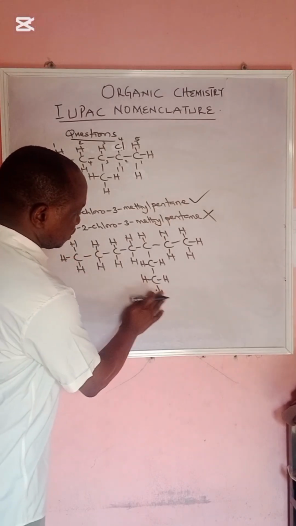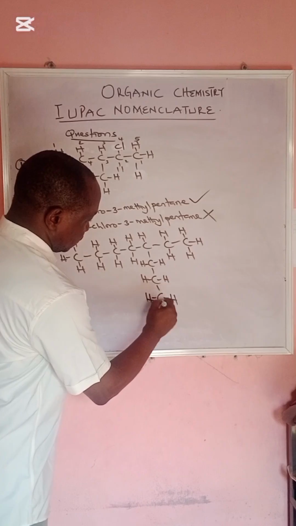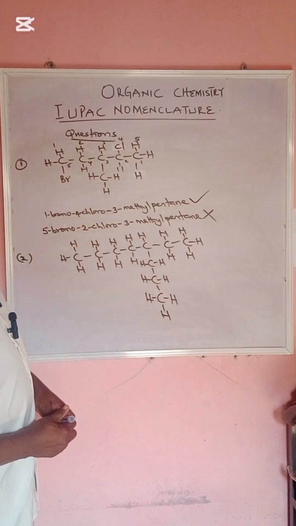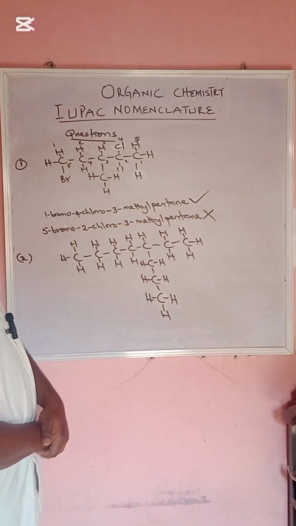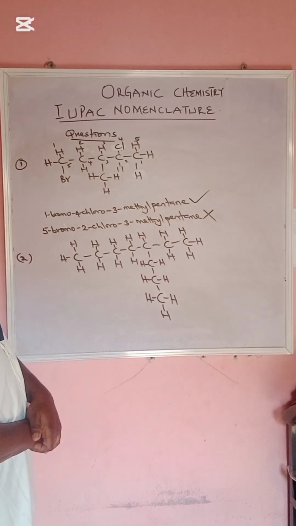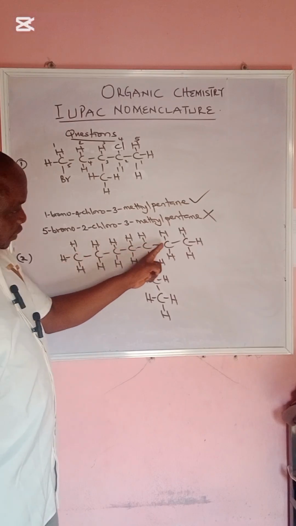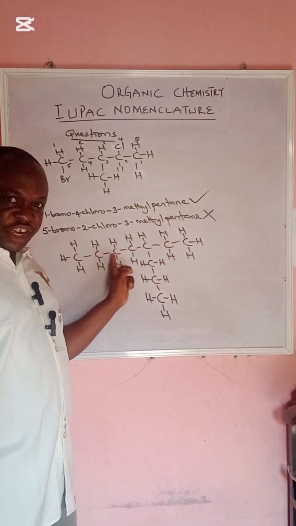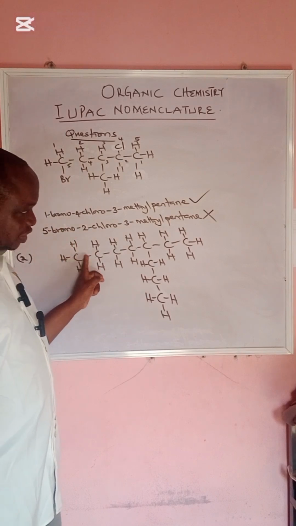Let me count it like this. This is the structure. 1, 2, 3, 4, 5, 6, 7. If you are taking the 7, you have to be very careful. Let me count it. 1, 2, 3, 4, 5, 6, 7. This is a straight, longest, unbranched carbon chain.